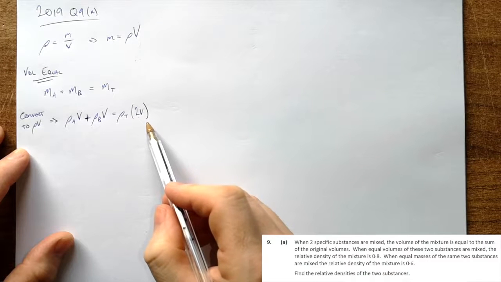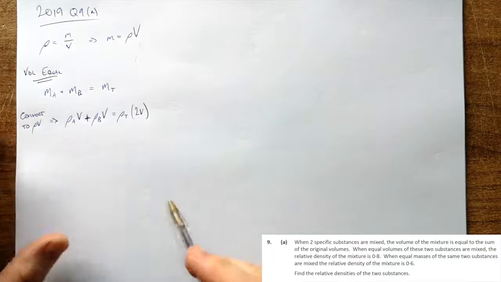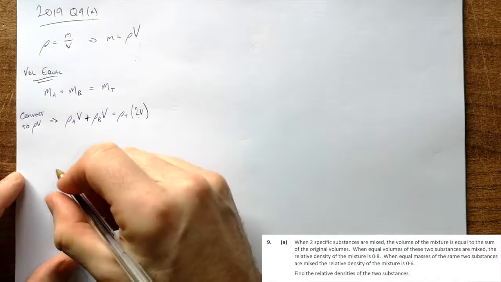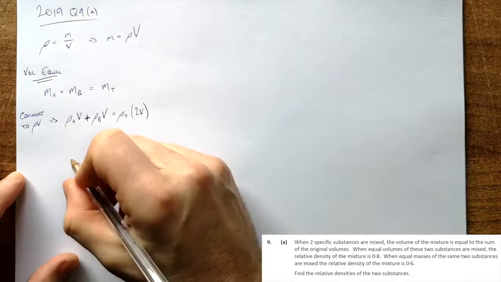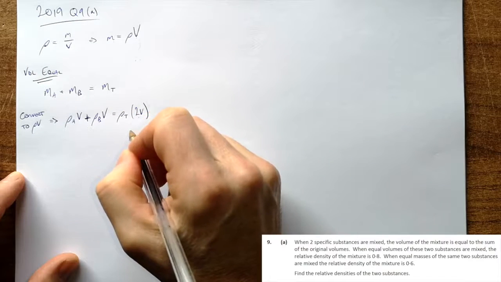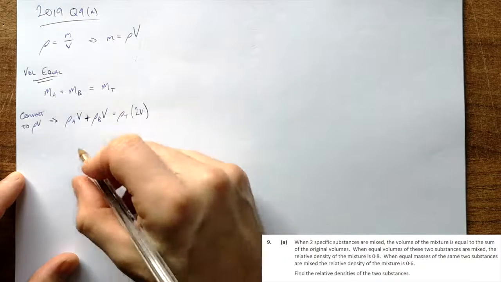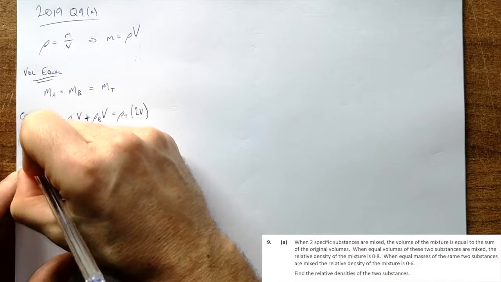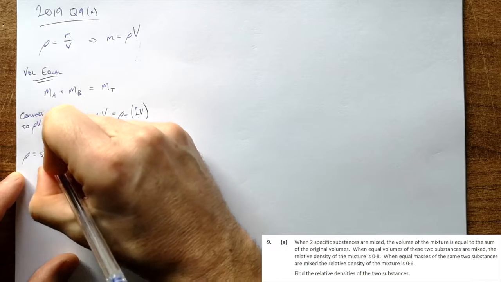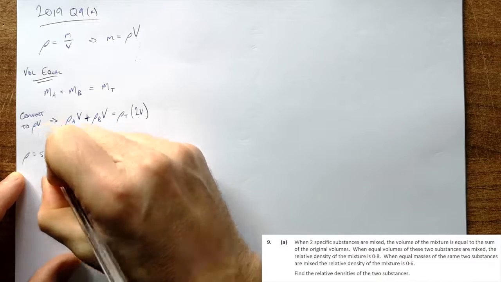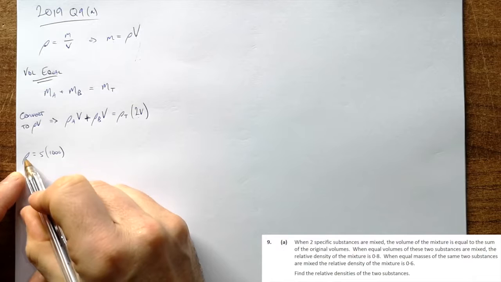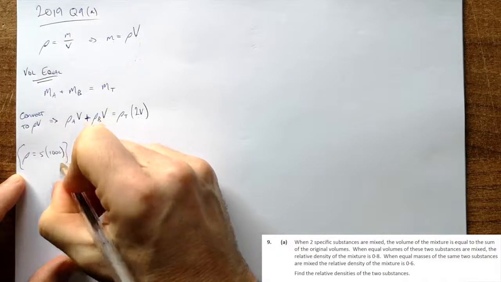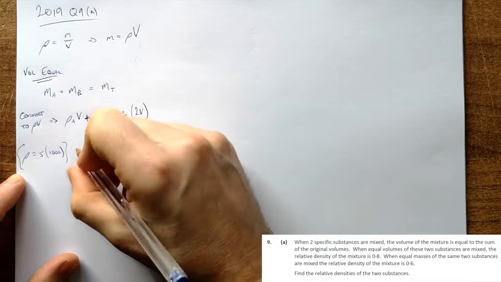Okay, what do we know in this one? The relative density of the mixture is 0.8. You can either stick in relative densities or you can go to normal densities. What we'll say is, let's convert everything to relative density. So we know here that rho equals S times 1,000. If the density of water is 1,000, the relative density of water is 1. So we can divide everything by 1,000.